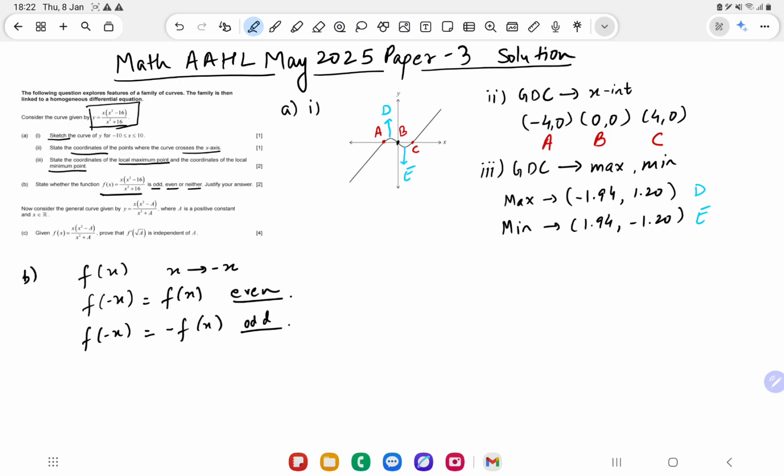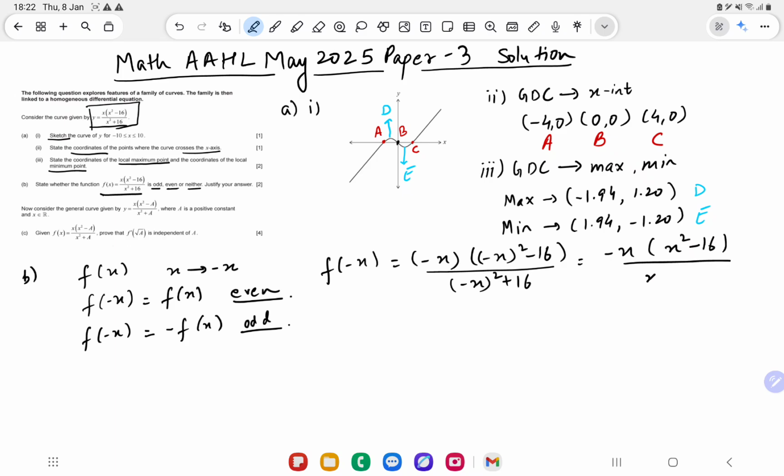Now in this also, instead of x, we will put minus x. So if I replace x with minus x everywhere in the function, I will get this as my first step. If you solve it further, minus x square is x square, minus 16 upon x square plus 16.